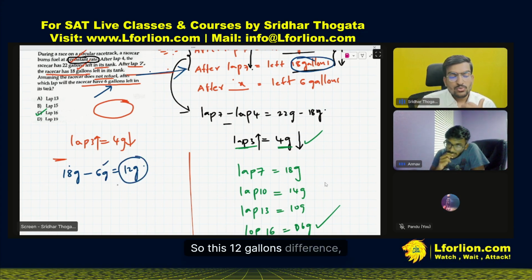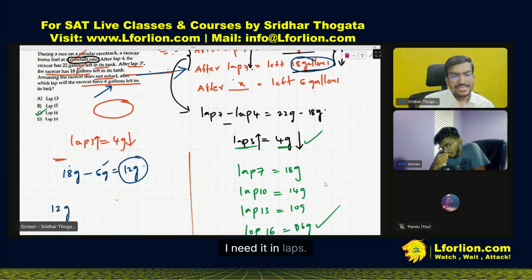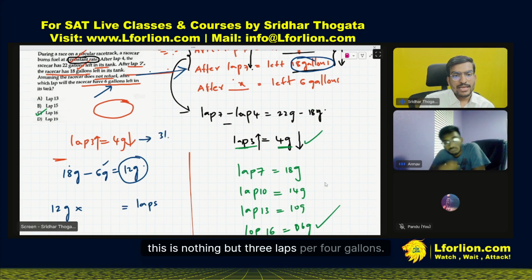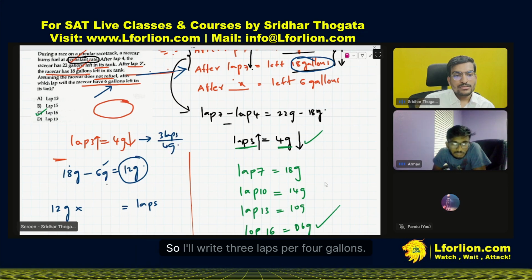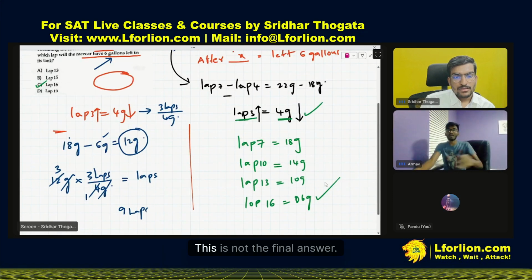This 12 gallons difference, I need it in laps. This is nothing but 3 laps per 4 gallons. So 4 times 1 is 4, 4 times 3 is 12, so that will be 9 laps. This is not the final answer.